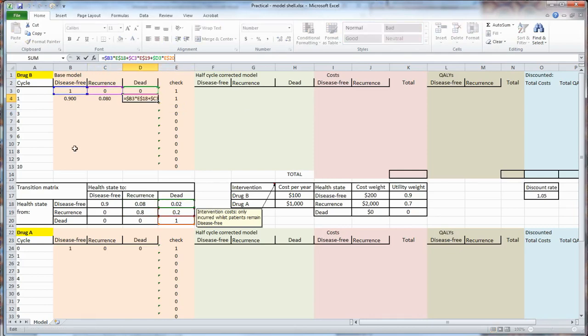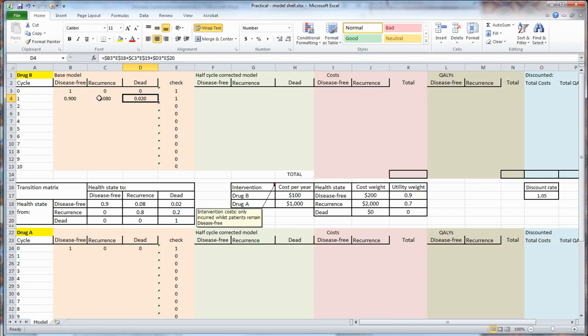So we've got the 3 prior states, and we've got the 3 transition matrix probabilities that relate to the probability of moving into the dead state. So it's moving from disease-free to dead, from recurrence to dead, and from dead to dead.